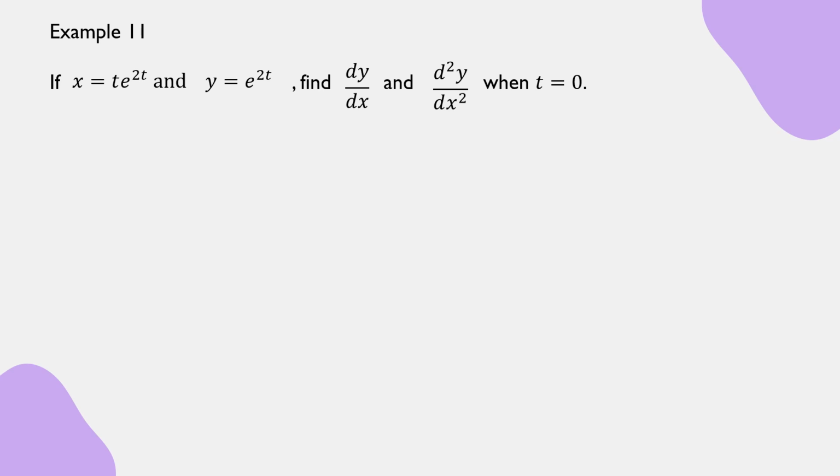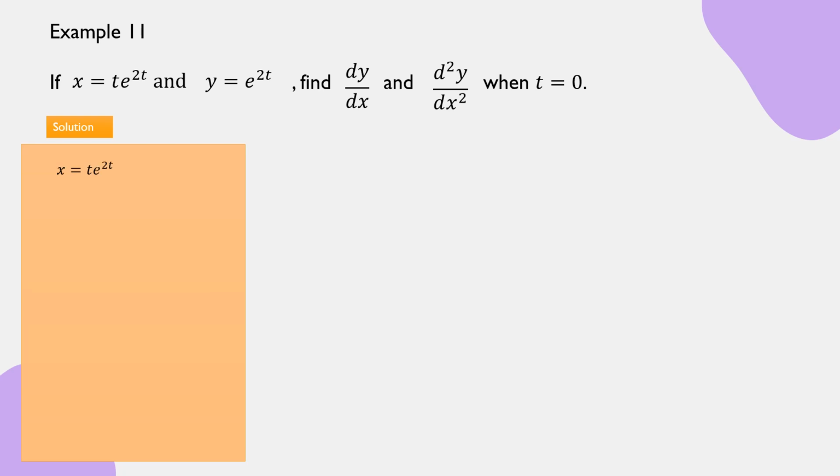Example 11. Find dy/dx and the second derivative when t equals 0, if x equals te^(2t) and y equals e^(2t). x equals t times e^(2t), so let this be u and this be v, using the product rule.